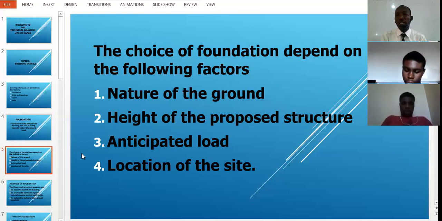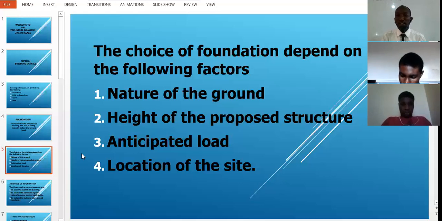How does it look? What are the things you notice on the ground? So you have to consider that factor. Then, after you have checked the nature of the ground, you look at the height of the proposed structure.